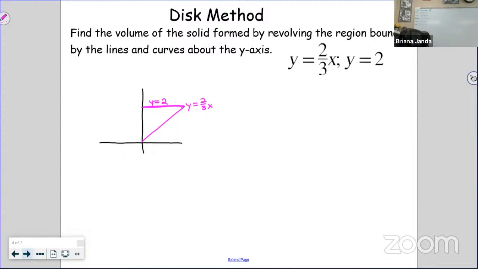Their point of intersection here, if I were to set those equal to each other, or to do substitution here, would be at 2 equals 2/3 x. Let's see, that would be x equals 3. So this would be at (3, 2).